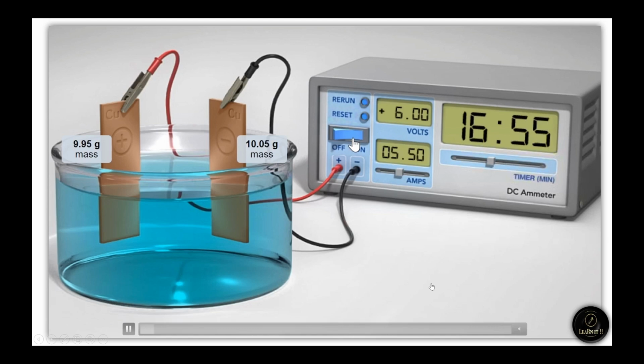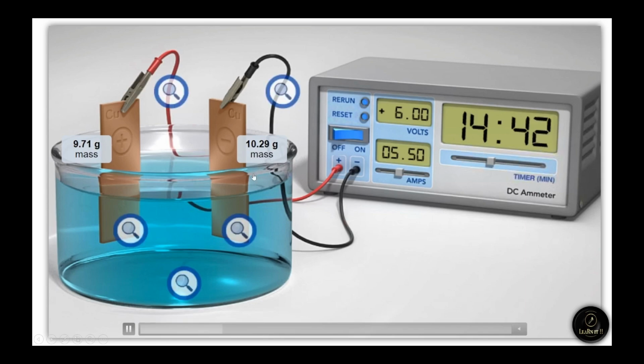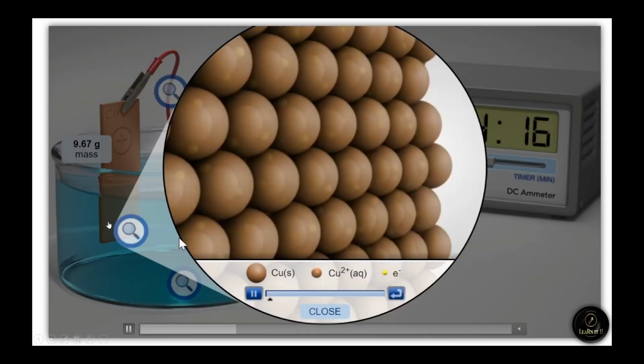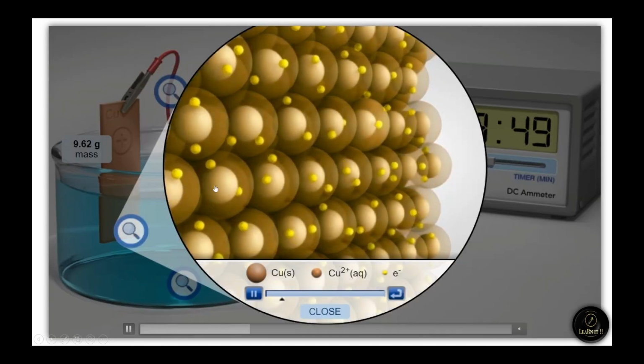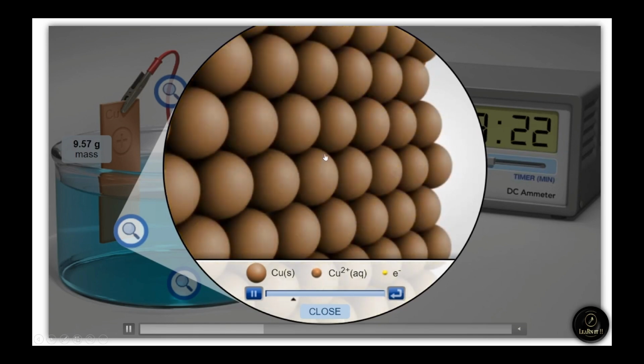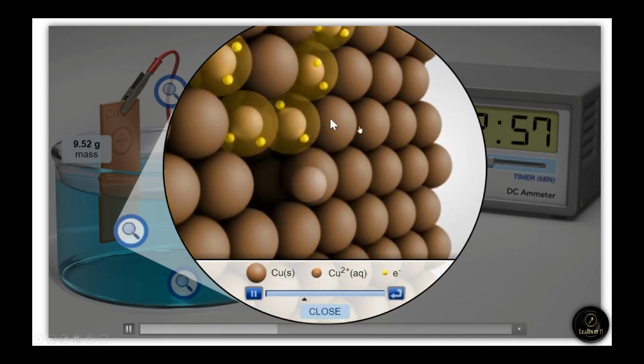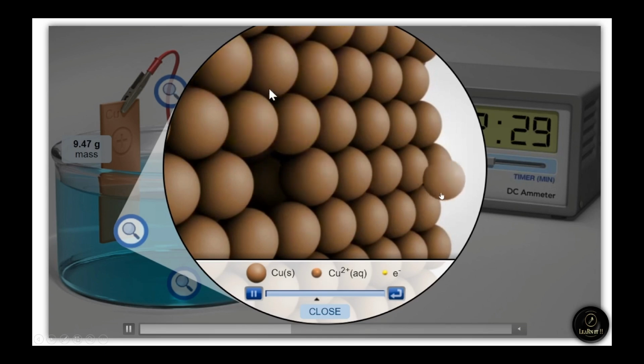Here we can see on the left-hand side the amount of copper is decreasing. At the right side, which is the cathode, the amount is starting to deposit. So let's look at the anode side. Here copper is undergoing oxidation to become Cu²⁺ ions, and electrons are released.